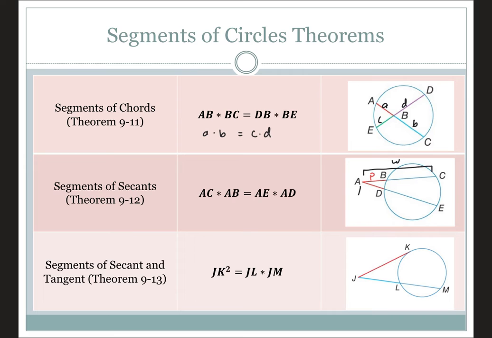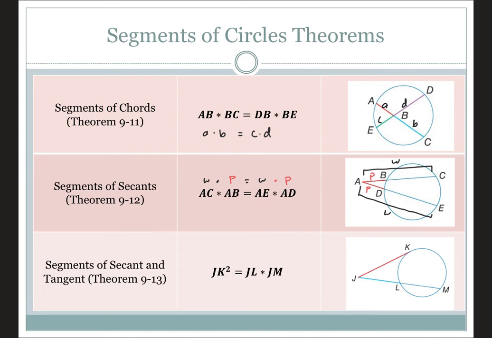And so unlike the first one, you're not doing piece times piece. You're doing whole times the outside piece. So we have the whole segment times the outside piece is equal to the whole segment times the outside piece.